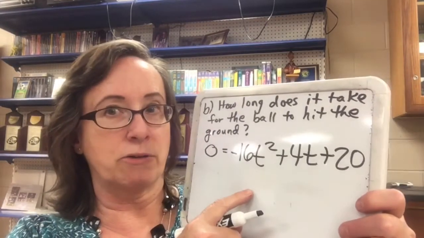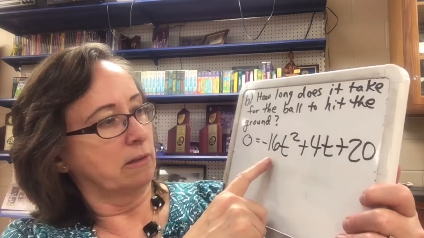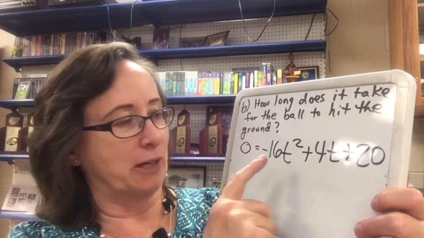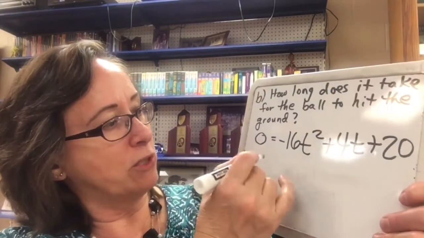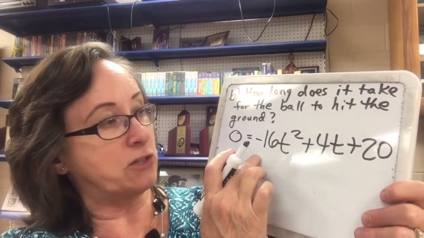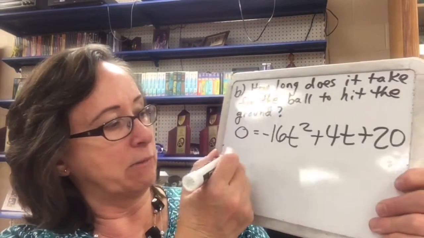Again, it's quadratic. It's going to have two solutions, but only one is going to be workable for us. Since I have a negative and a 4 in each term, I'm going to divide by a -4 and put my 0 on the other side.